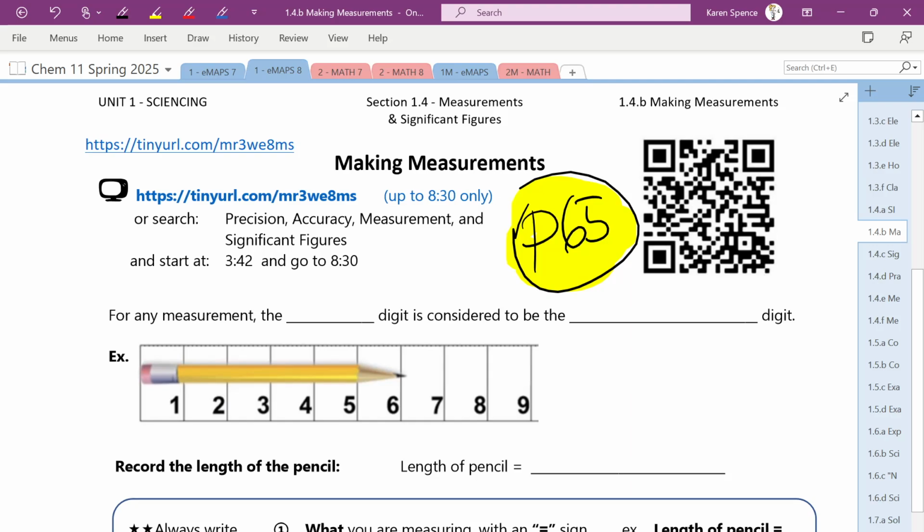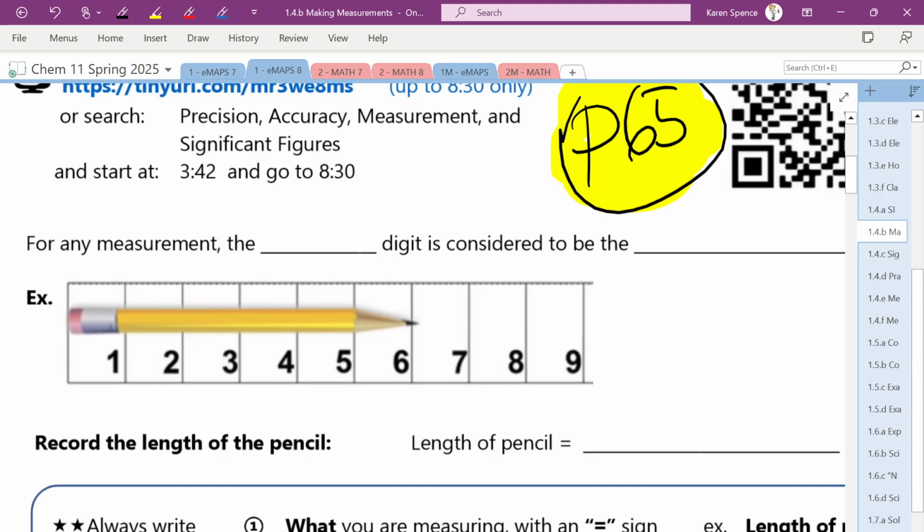We will need to make measurements to do those labs, so we need to know how to record our measurements for a lab, and we need to record them with the correct precision. So if I've got a ruler like this, how many decimal places do I go to? That's going to be our job, to figure out how many it is.